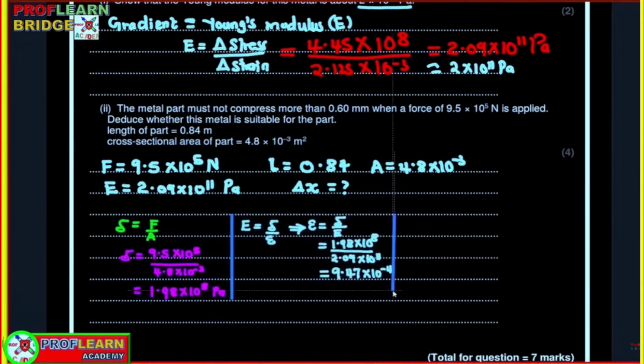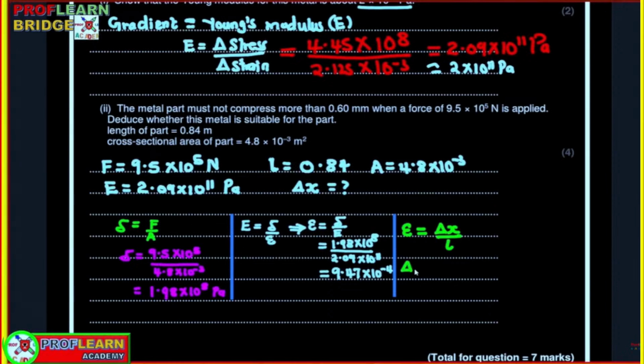Now using the strain that we have and the original length that we were given, 0.84, we can work out the delta x. So you can say delta x over L is equals to strain, but already we have the strain.